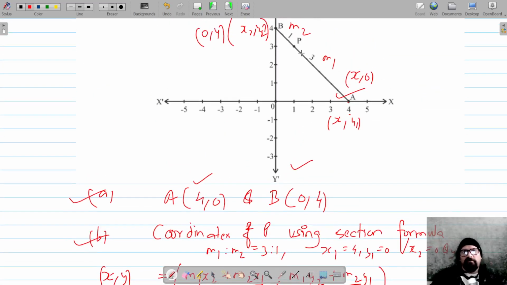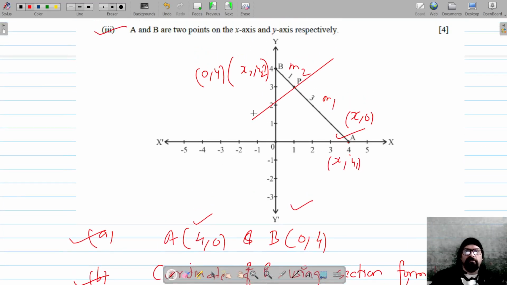That means we have got the coordinates through which the line is passing, and these coordinates are 1 comma 3.